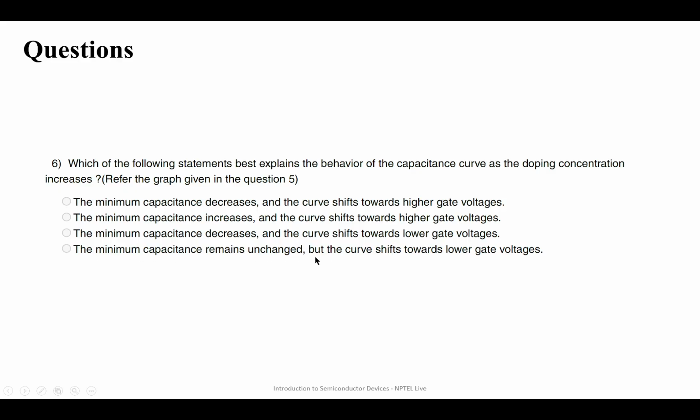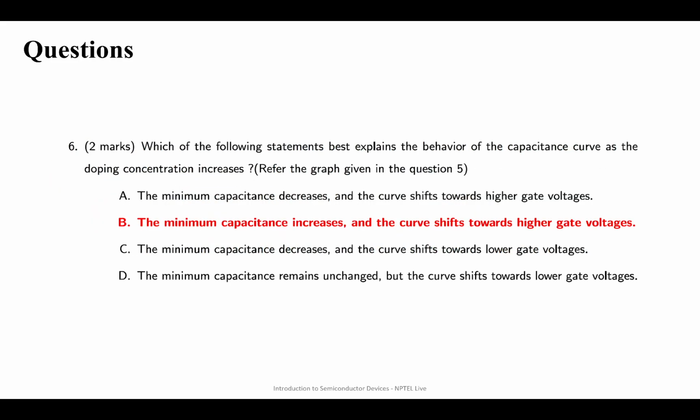The minimum capacitance remains unchanged but the curve shifts towards lower gate voltages. That is correct. The minimum capacitance increases and the curve shifts towards higher gate voltages, which we have already seen in the previous question.